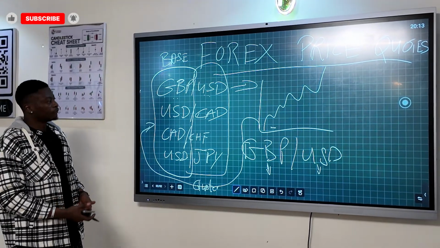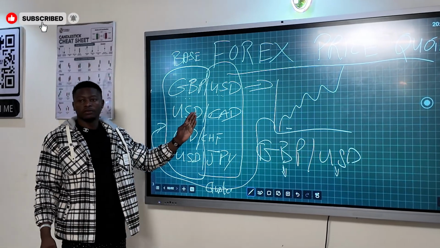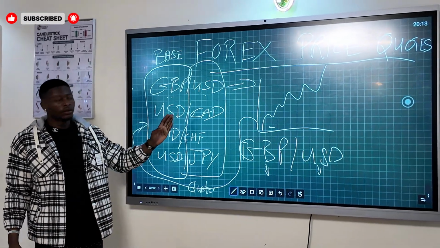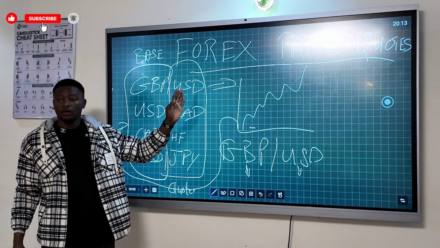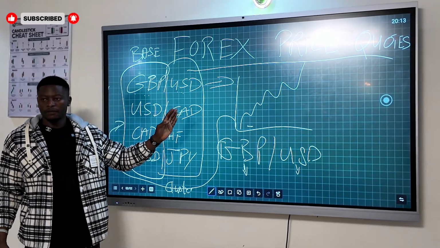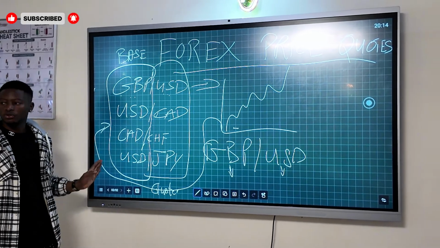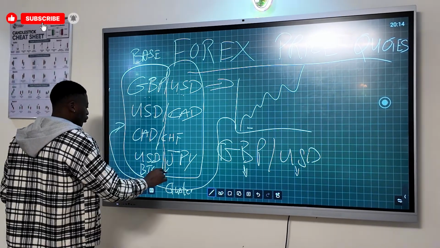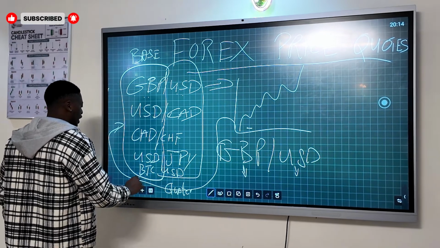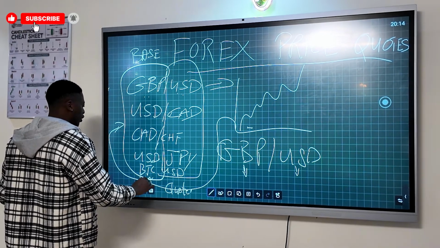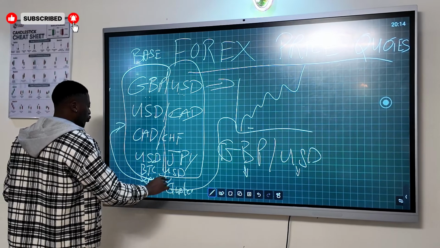I'll take it again. On every pair, you have the base and you have the quote currency, right? The base currencies are always going to be the ones in front. I'm going to add BTC USD, and I'm going to add XAU USD.